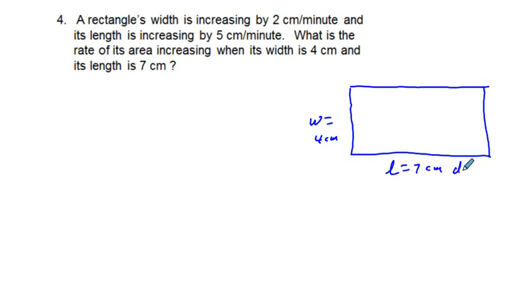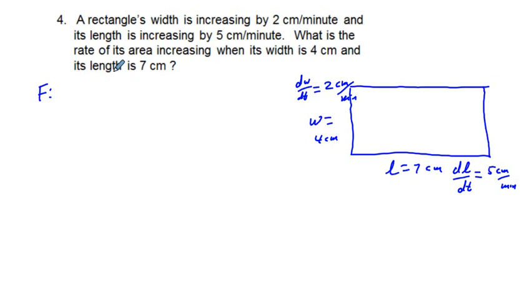And our length is increasing. dl dt is going to be 5 centimeters per minute. dw dt is equal to 2 centimeters per minute. So what are we trying to find?